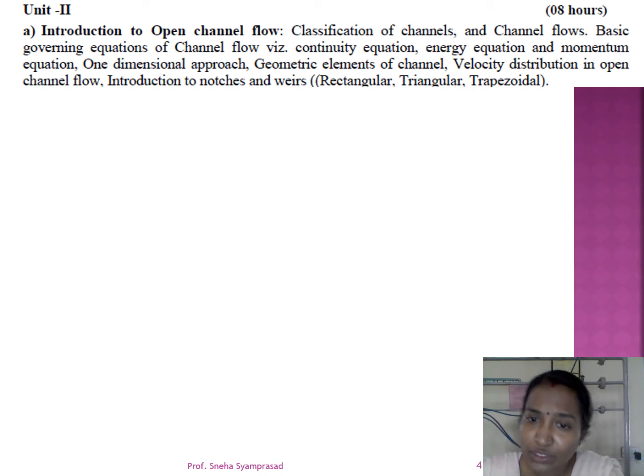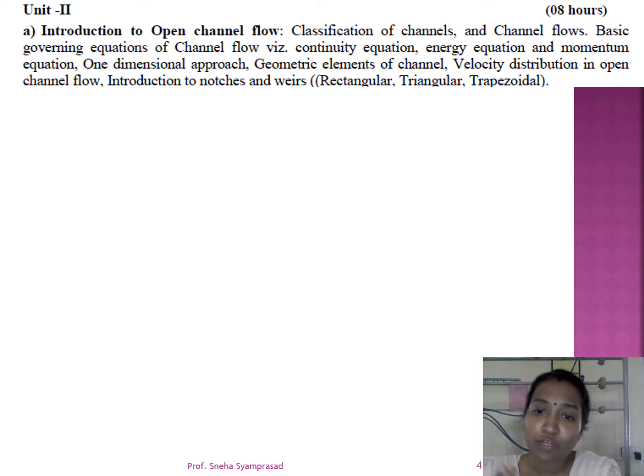Then unit 2 is completely based on open channel flows. In this, what is open channel flow, where it is applied, where it is used, and what are the types of open channel flows. For each and every type, you need to derive the expression.